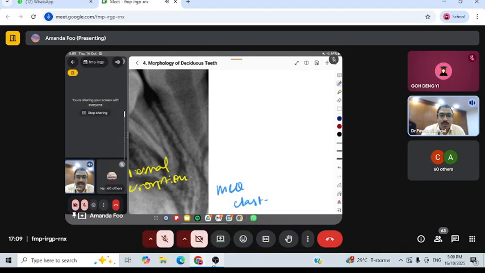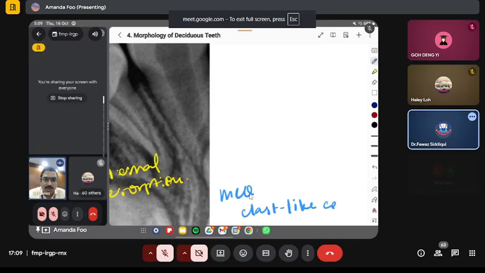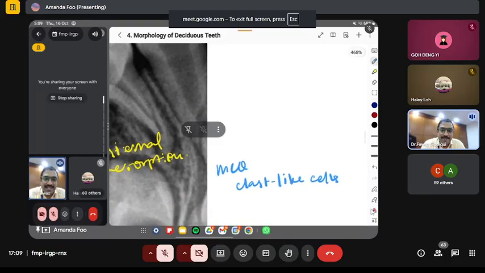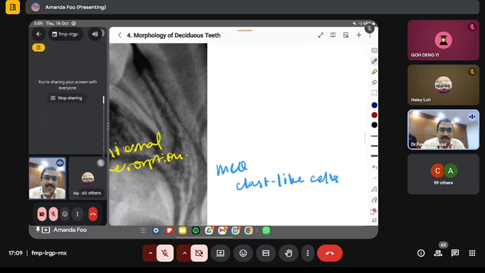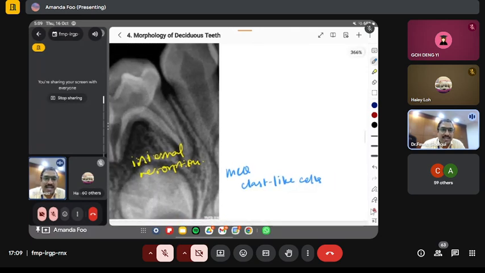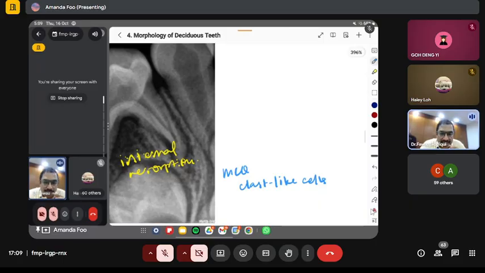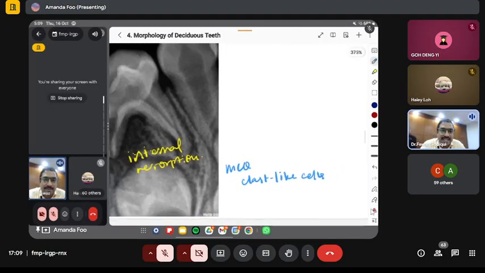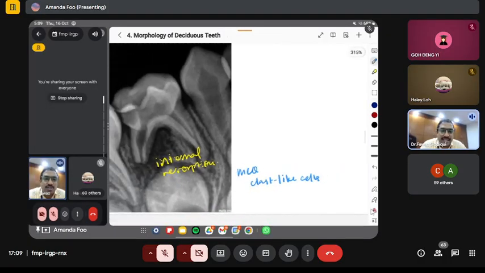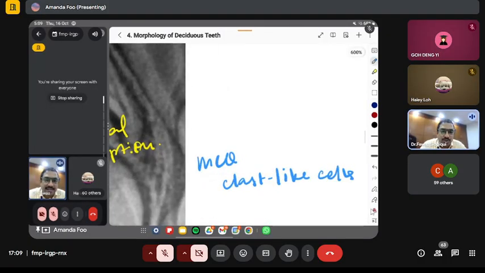Okay, like odontoclast, osteoclast, cementoclast. These clasts are basically the cells which will remove these structures. So odontoclast means they will remove dentine. Osteoclast means they will remove bone. So God has created primary pulp to become clast-like cells, then only the resorption can happen. Otherwise, the roots of these teeth will never get resorbed. The permanent tooth will never have a chance to come out, okay, for resorption.